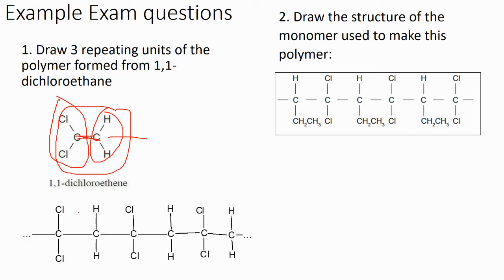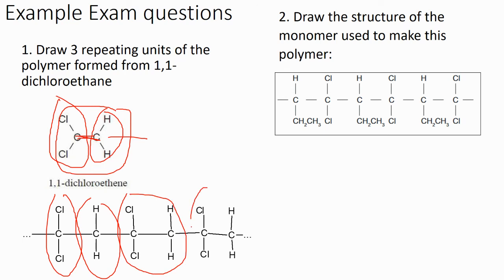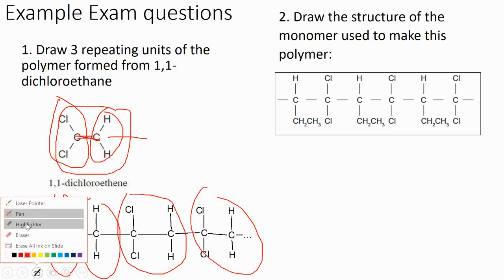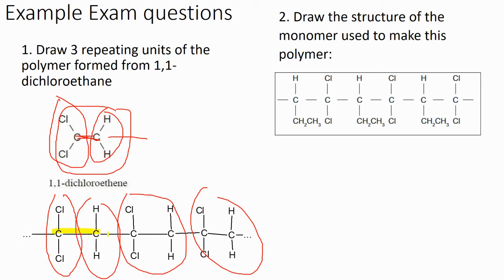So that's what this is going to look like. The 2 chlorines are on one carbon, and then the 2 hydrogens are on the next carbon, and then it's going to join onto another repeating unit and another repeating unit. So altogether, there are 3 repeating units: 1, 2, 3. Okay, and we just leave the ends open. So we just look at each carbon and just alternate it as we go along.